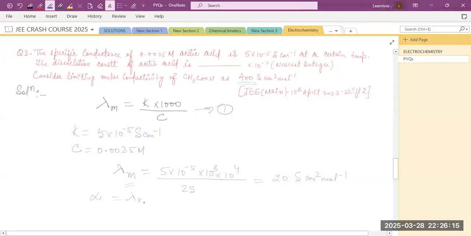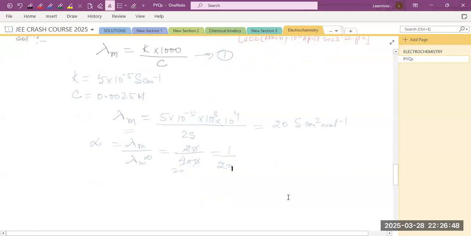You know that alpha, the degree of dissociation, is equals to the molar conductivity over the limiting molar conductivity. Now substitute the value over here: 20 upon 400, since the limiting molar conductivity of acetic acid is 400. So you will get 1 upon 20. And the dissociation constant they have asked.